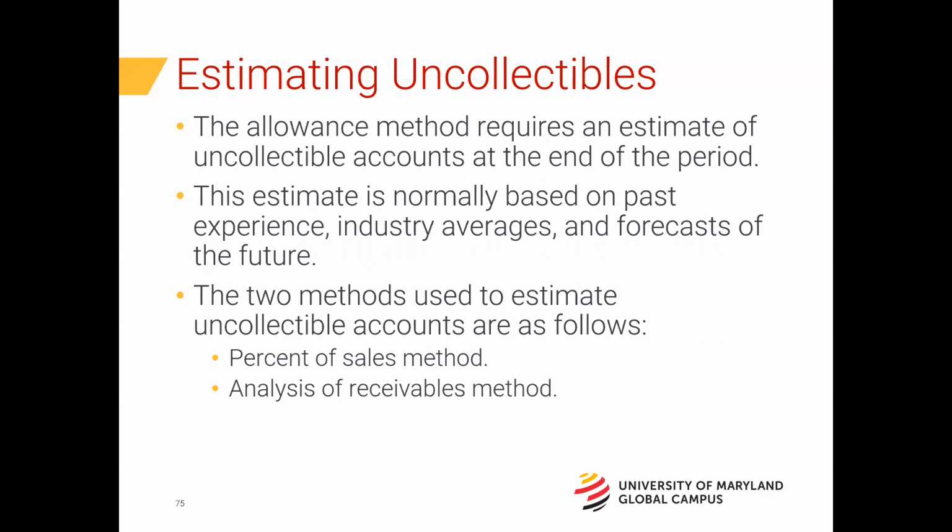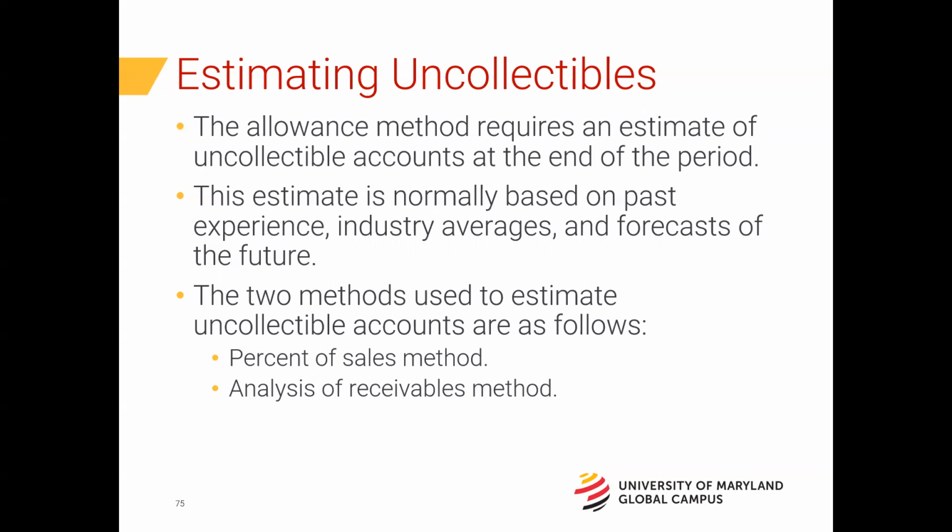So when you estimate, how do you figure out how much you're not going to be able to collect through the estimated allowance method? When you estimate, we typically do it either off a percentage of sales or an analysis of the receivables. Percentage of sales meaning, well, I sold $1 million worth of sales throughout the year.